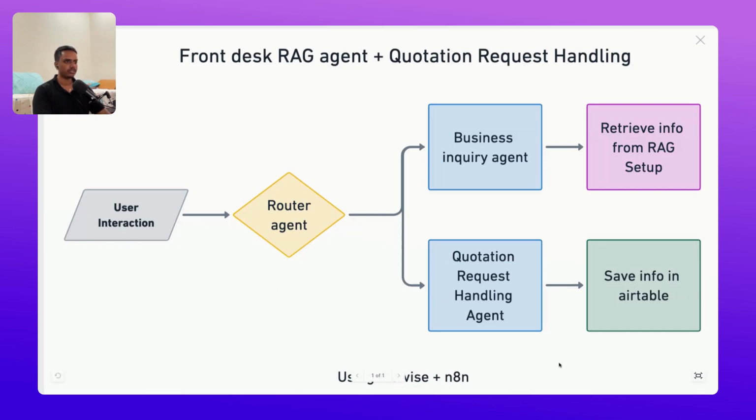We'll be building all of this using Flowise, and we'll be using n8n for automating the details that we gathered in the quotation request that will be saved into the table. So for that part, we'll be using n8n, and for the rest, it's done on Flowise.